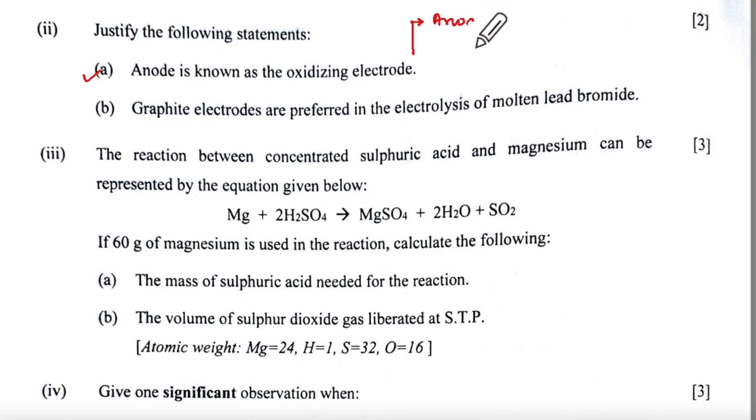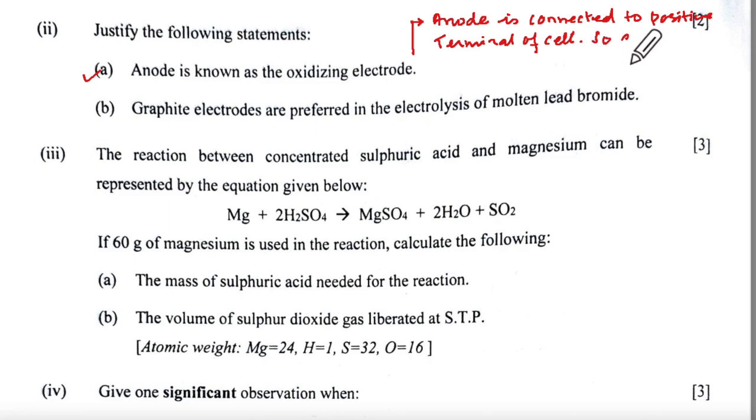Anode is connected to positive terminal of cell.